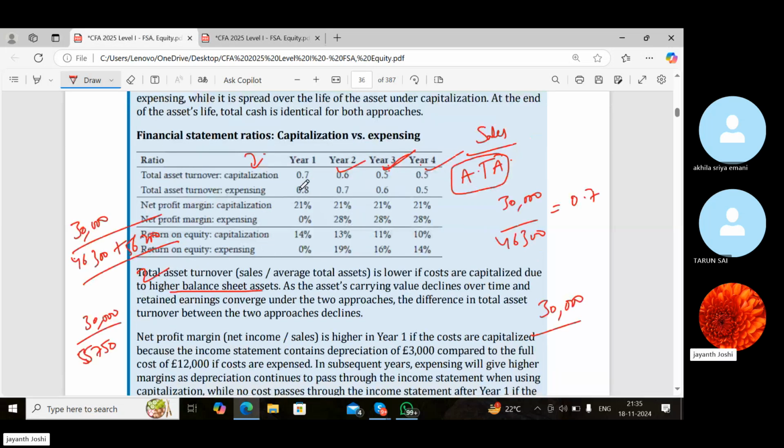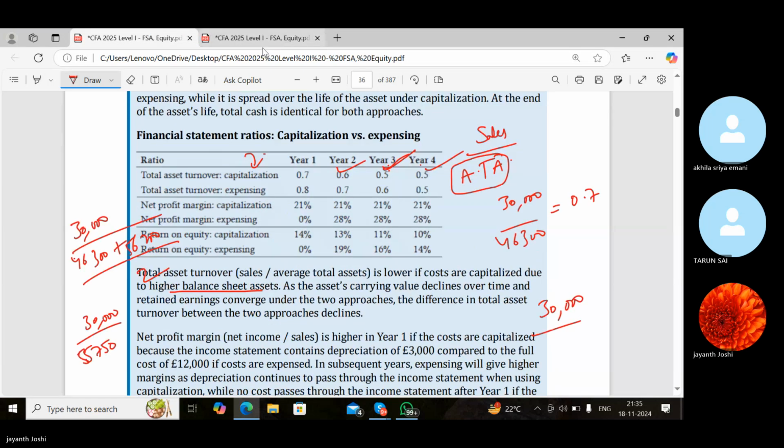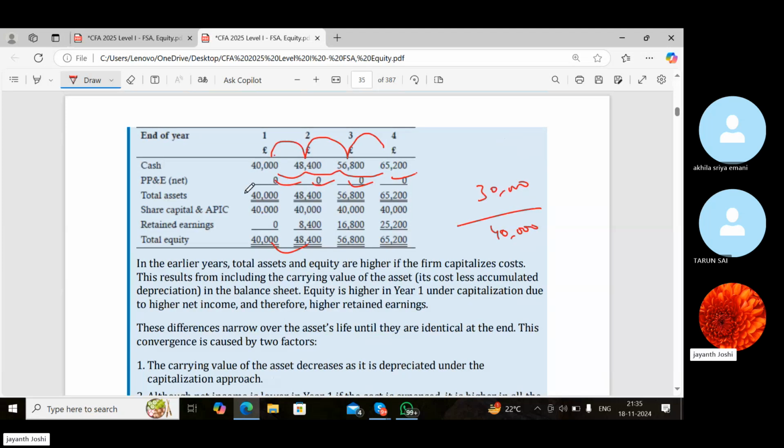So the first year is not exactly matching because I'm taking the total asset turnover, and I know there is no property, plant and equipment in case of expensing. Fine. And the opening balance is here, but for the first year I don't have anything to take the average. So 40,000 divided by 1 is 40,000. So I'm getting around 70. They've got 80. And the next year will match, 30,000 divided by this average.